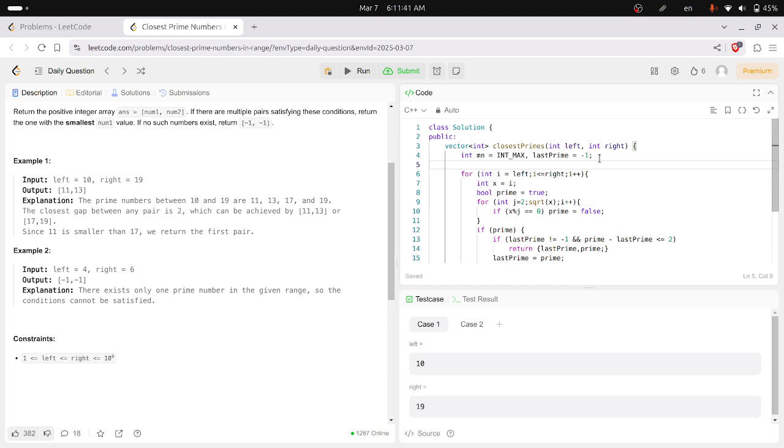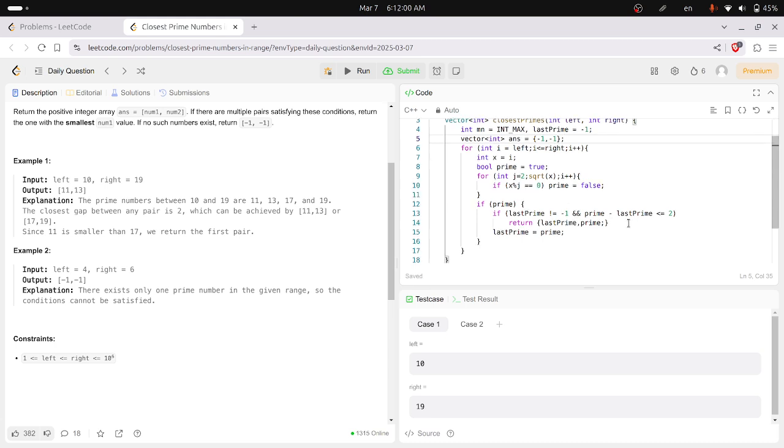We will keep a vector of integers, -1 -1. That's our answer equals to -1 and -1.